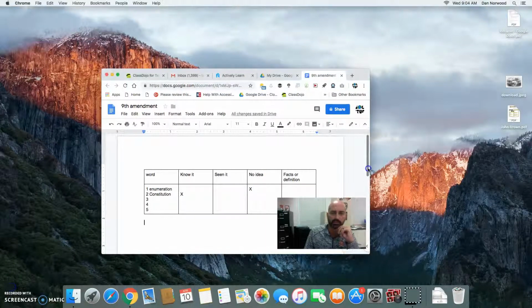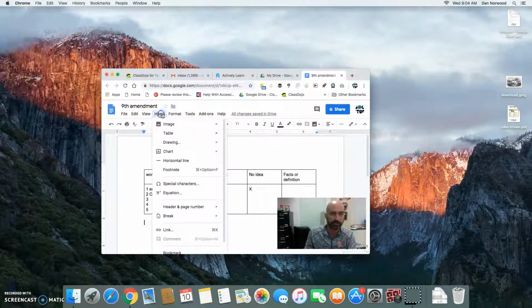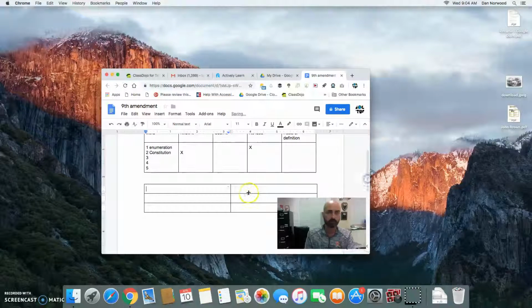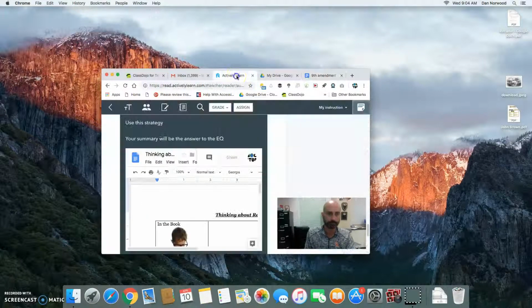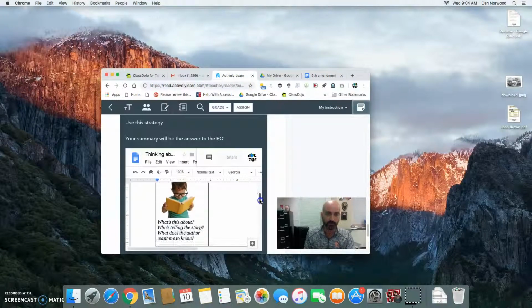Same Google Doc. I want you to insert a table for the book, head, heart, and that's going to be a 2x3. And I explained that yesterday. Only thing you have to do is just put book, head, and then heart. And if you want to, you can slide this over a little bit, because that's all you got to do on the left side. And then answer the questions that can be found right here.